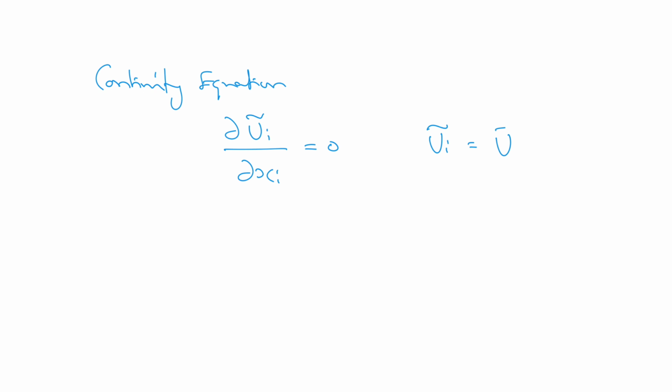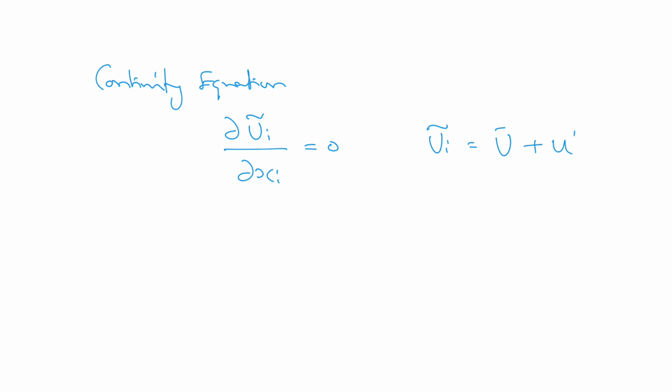So first we will start with the continuity equation. We have dou u_i by dou x_i equals 0. We consider this to be instantaneous. So you know that the instantaneous velocity will be decomposed into u bar plus u dash.